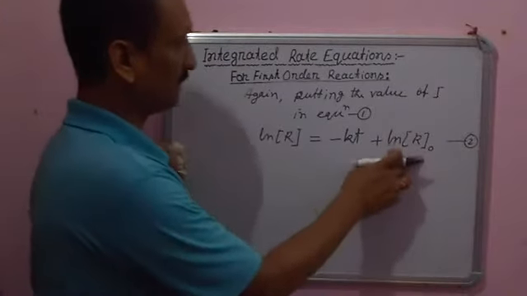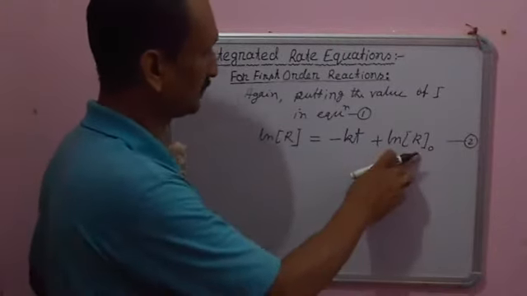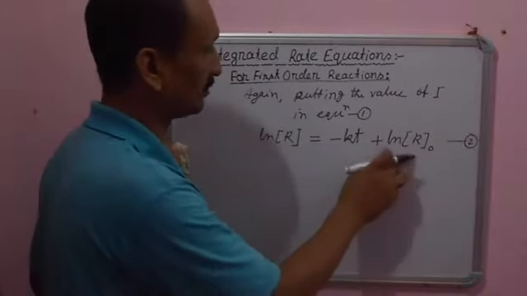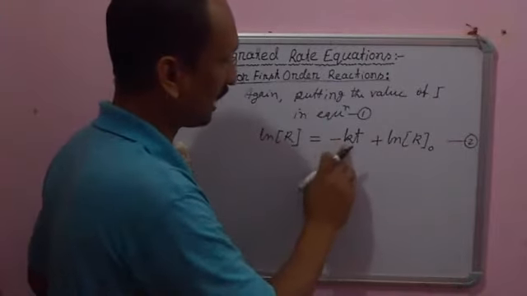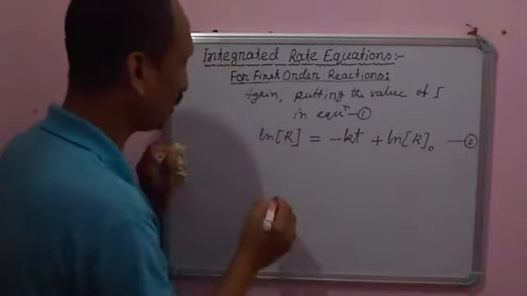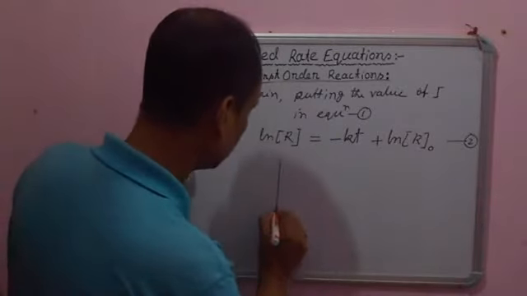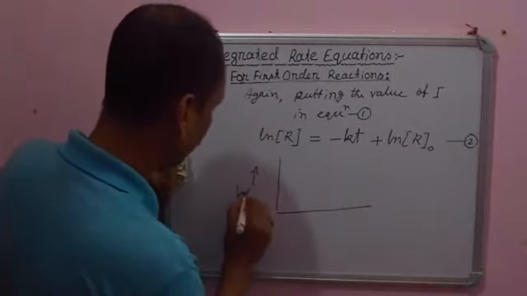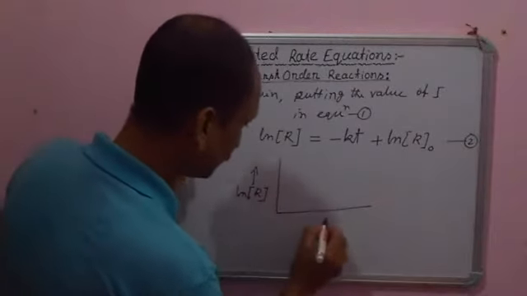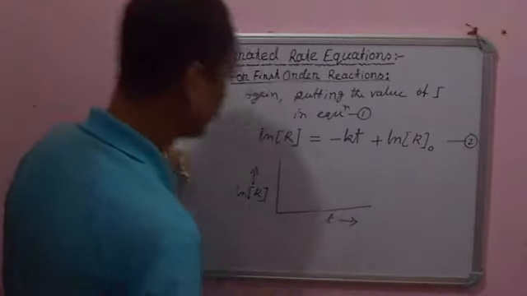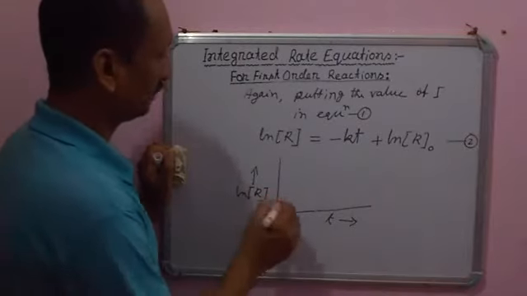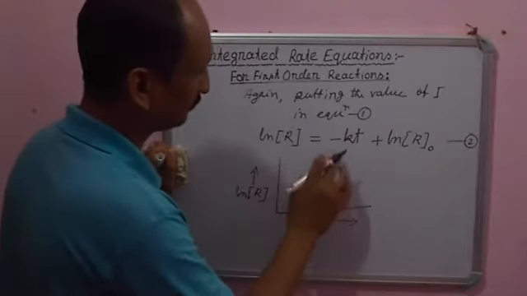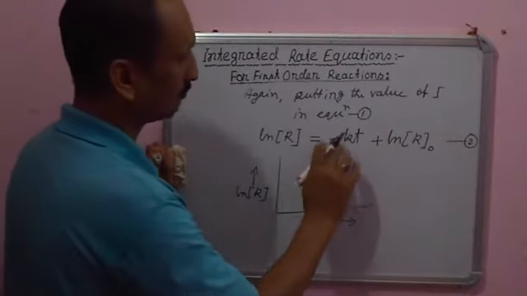Now you see here, this is the equation of a straight line, a linear equation like y is equal to mx plus c. So if you plot ln of R versus t, then it will give a straight line with slope minus k.